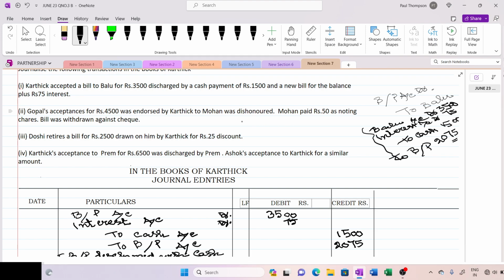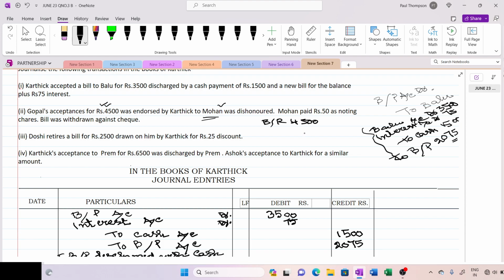So what happened? I have to make payment. I means Karthik. In whose book we are writing, we have to imagine ourselves that fellow. So I have to make payment to Mohan. And now I have to receive payment from Gopal. So I am having a bills receivable for 4500 from Gopal.